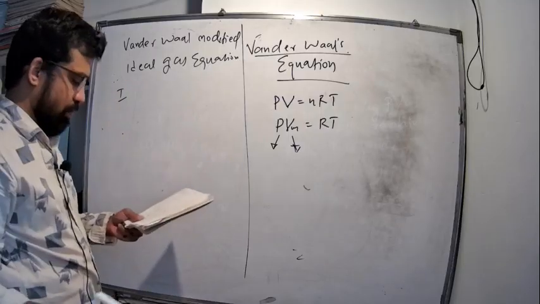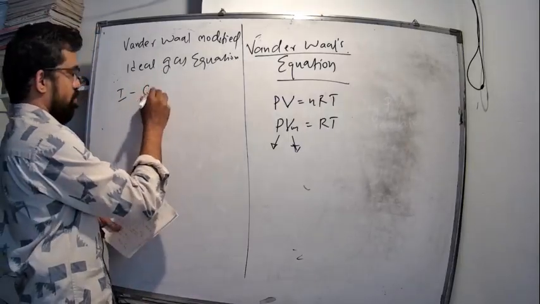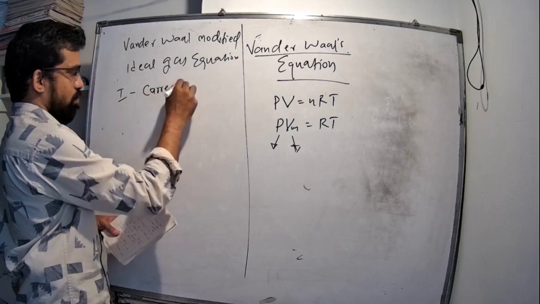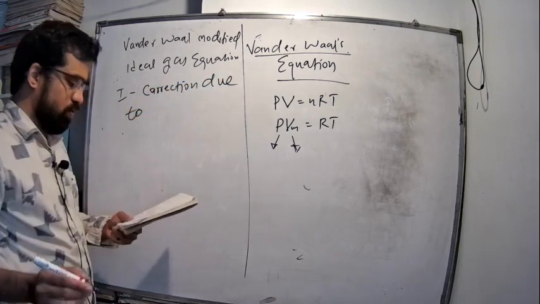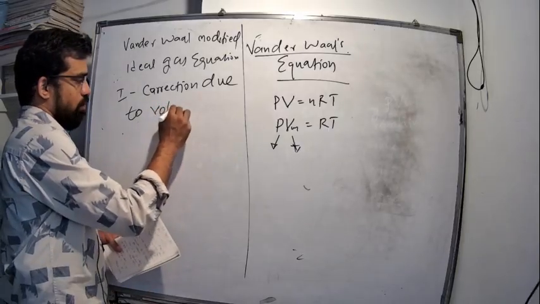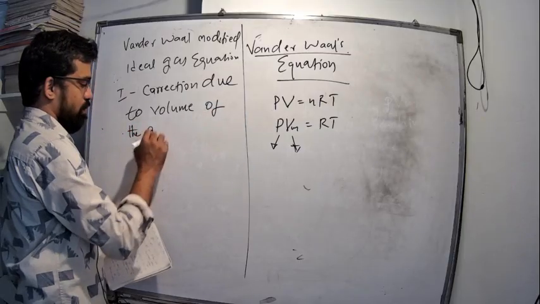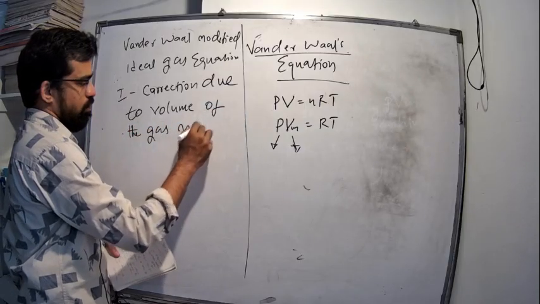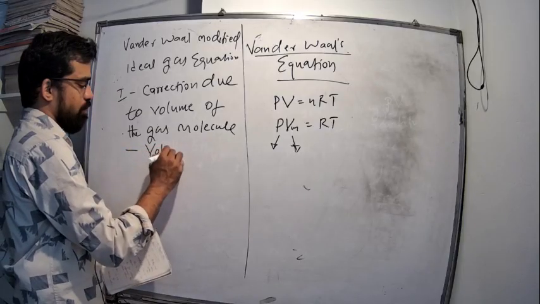One correction is due to the volume of the gas molecule. That is volume correction.